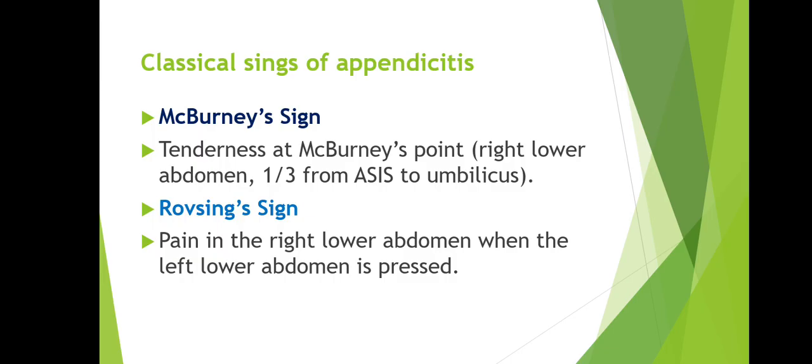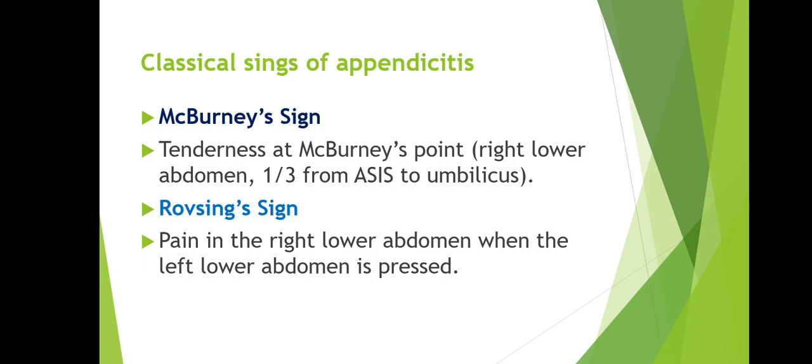have what we call McBurney's sign and Rovsing's sign. So when do these signs become positive? When we say a positive McBurney's sign, we mean there's going to be tenderness in the right lower abdomen.